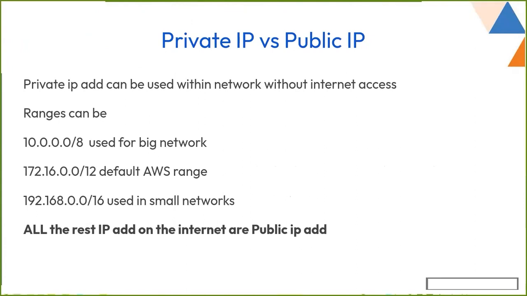And AWS also supports the second one, class B, 172.16, and for small networks we can use the 192.168.0.0 IP address. These are the private IP addresses which we use to create private VPCs. Okay, and the rest of the IPs which are available on the internet are dynamic and public IP addresses.